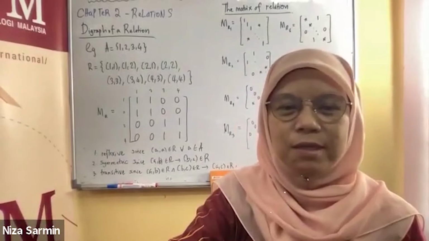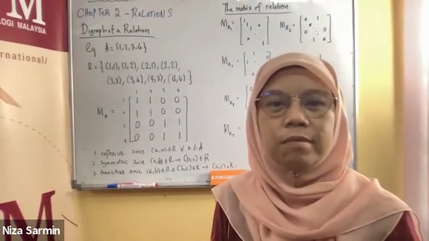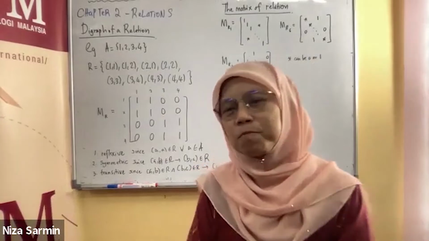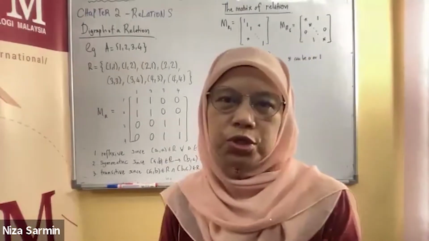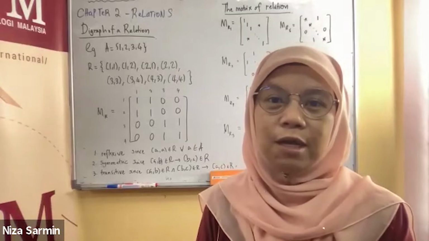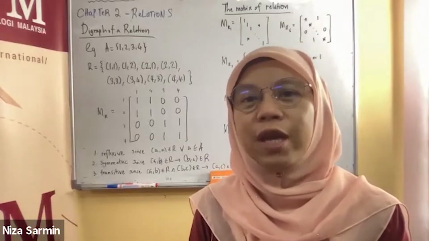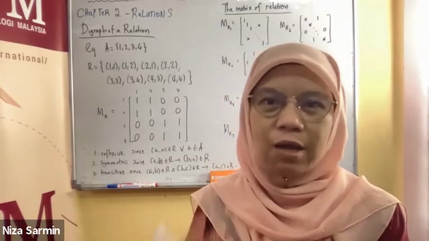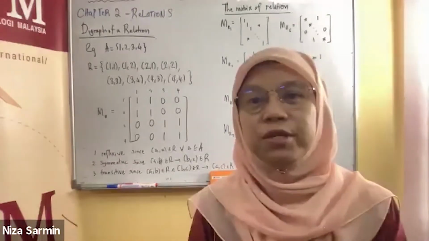There's something in the chat. It's better to use the definition to prove. The matrix is just a way to check your answer, but you have to write it out from the definition.